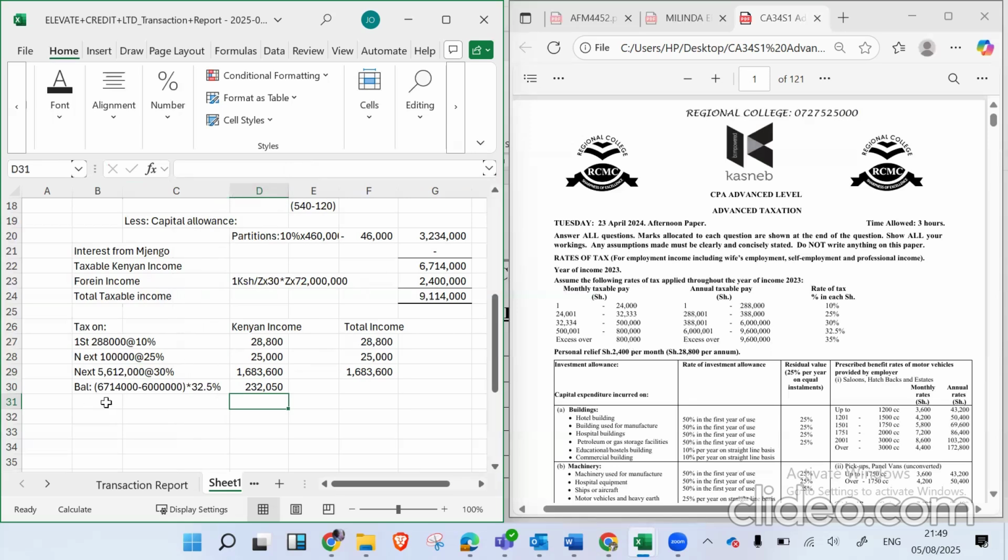So it also covers, we need also the difference. So the balance in our case, we had a total of 9114. That share tax 6 million. Na hiyo tunaichapa na 32.5. So the same concept.